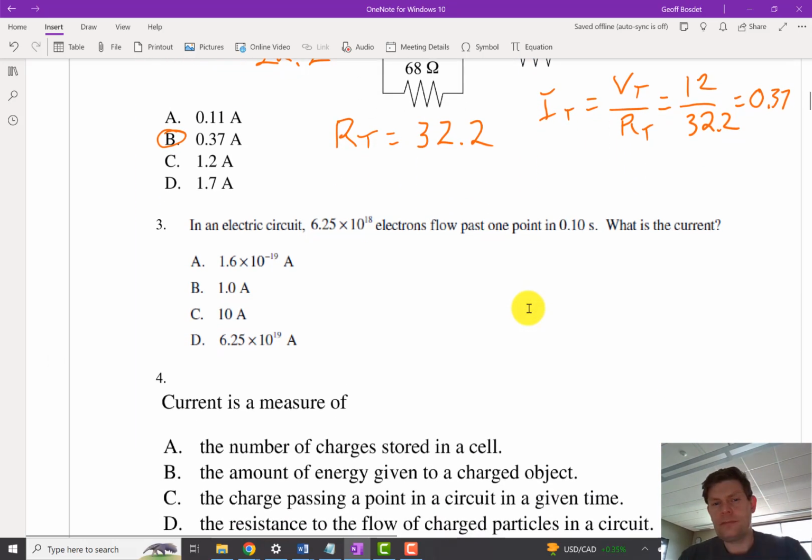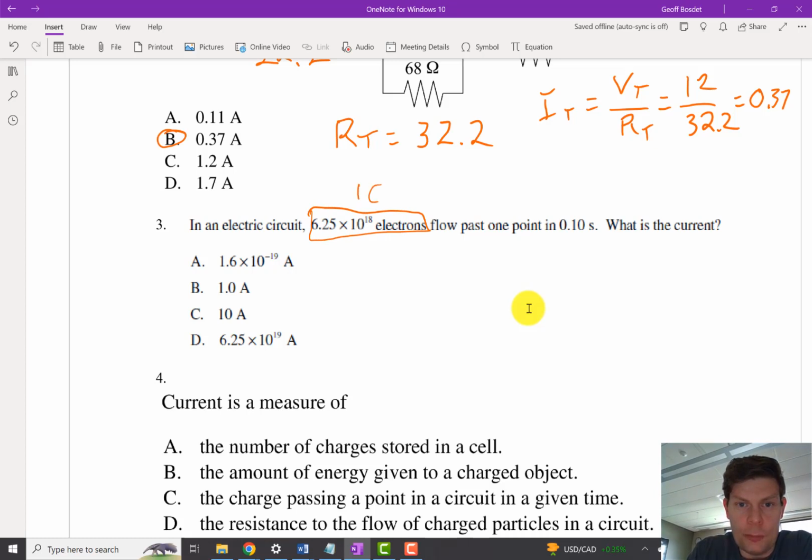Next guy. Now, this is a little bit funny and might trip you up. We're saying in an electric circuit, we've got this many electrons, and this is a very specific amount of electrons, flow past 1 point in 10 seconds, or 0.1 seconds. What's the current? This is the definition of 1 coulomb of charge. That many electrons makes, or negative 1 coulombs is that many electrons.